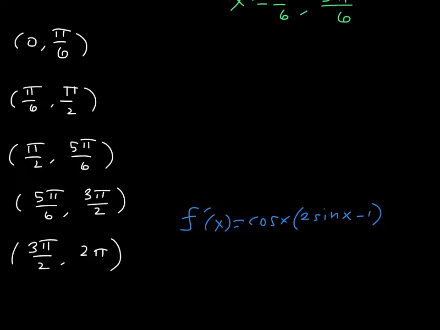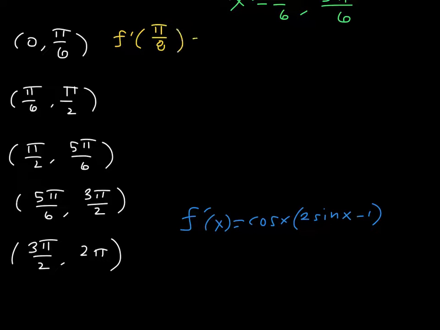Let's choose a value between 0 and pi over 6 and evaluate f prime, and we're only tracking the sign. So why don't we do f prime of something between 0 and pi over 6? How about pi over 8?